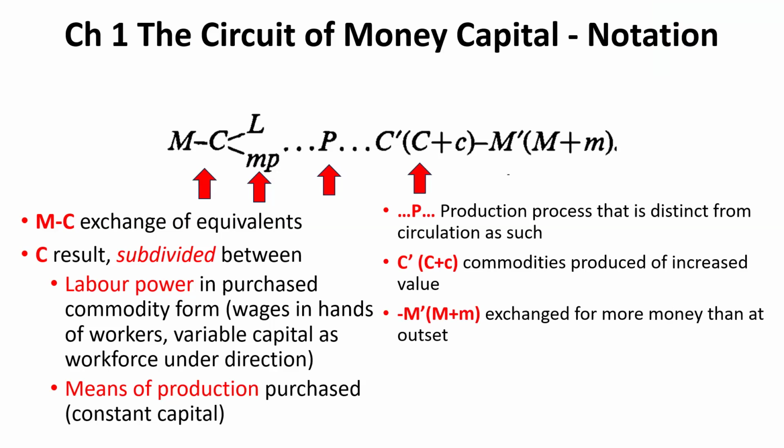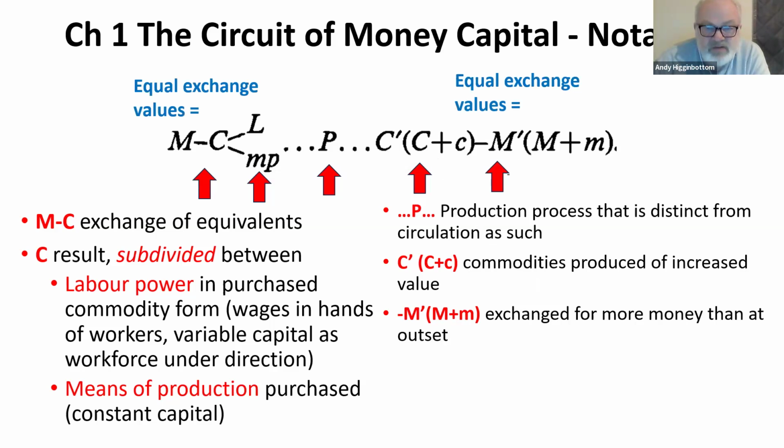C prime has a greater value than C. And this increased value, Marx brings in another notation here, which consists of the original value of the original C plus a new value, which he denotes as small c, as an increase in value in the commodity form. And so C prime is exchanged for M prime. That's an equal exchange. And again, M prime is more money than the original money. So we've got the original money plus an additional amount of money.